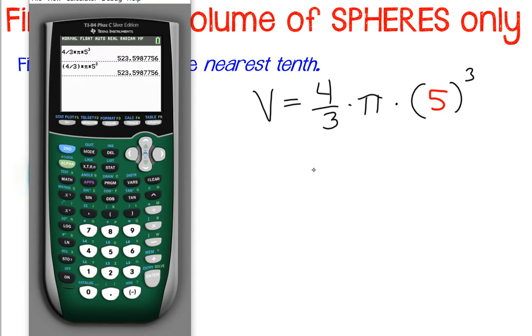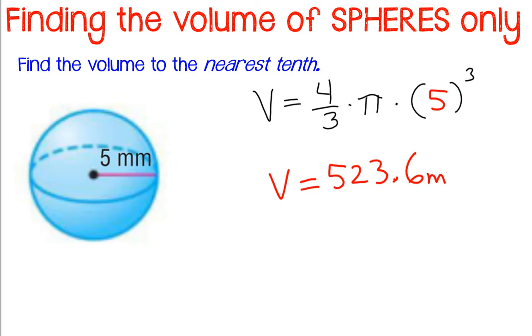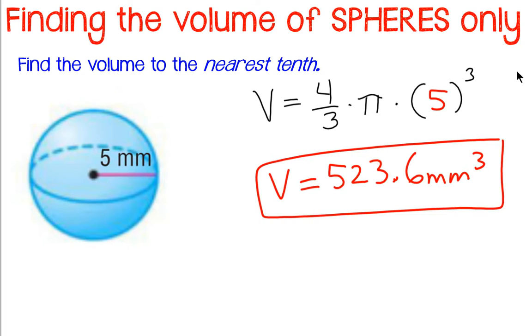So I'm going to get the same answer there. So our volume, if rounded to the nearest tenth, like the directions say, is 523.6 millimeters cubed. So that's it. You find your radius, you substitute it in, and then you use your calculator to do the math.